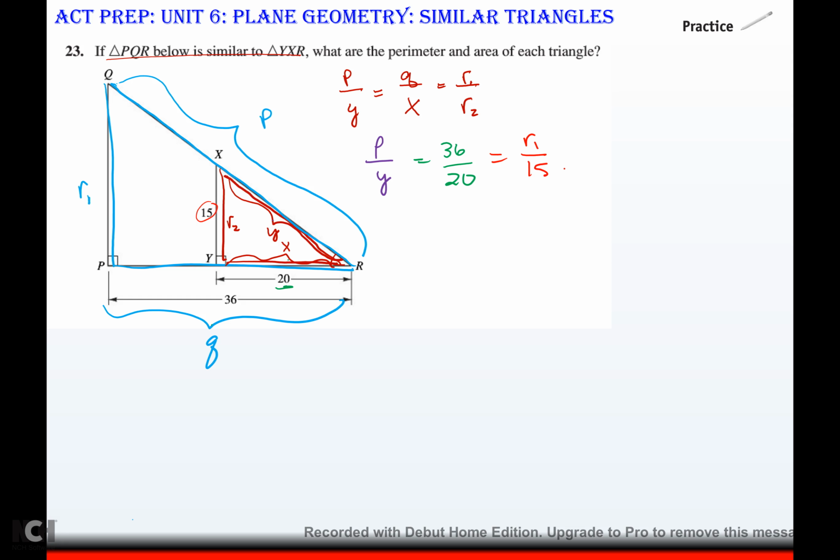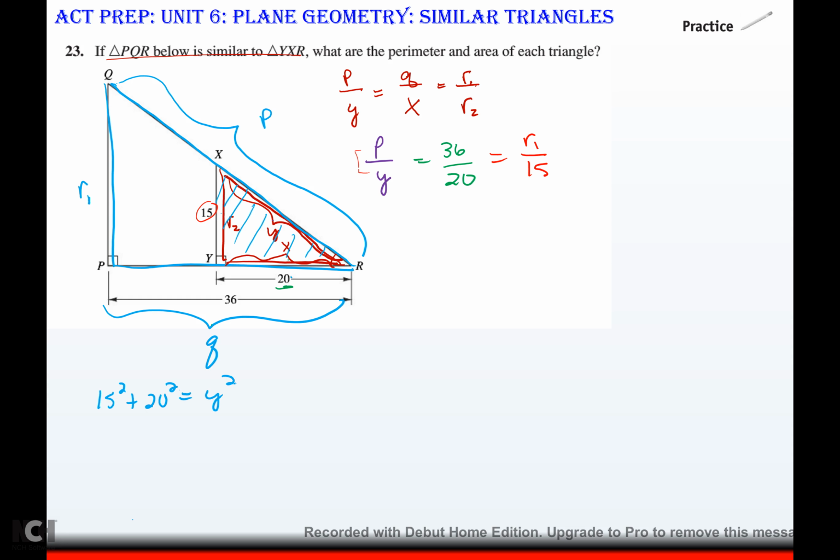Oh, we're going to run into problems here again because look, I have two I don't know in the same fraction. But if you notice, both of my triangles are right triangles. And in this little right triangle right here, I know the two legs. So I can figure out little y if I do leg squared plus leg squared equals little y squared.